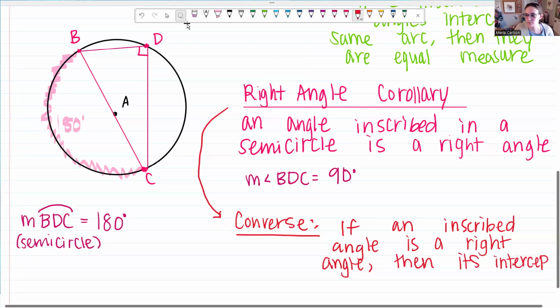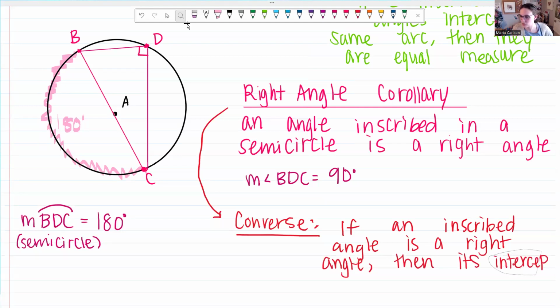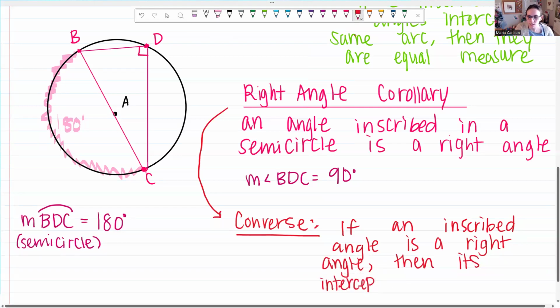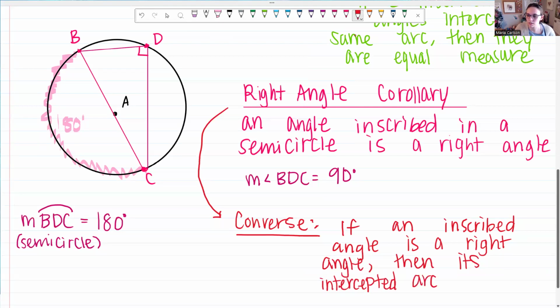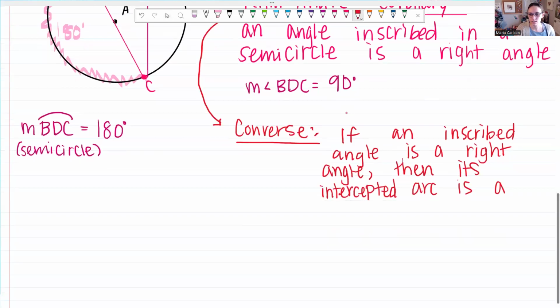I knew it wouldn't fit. Its intercepted arc is a semicircle, meaning it measures 180 degrees.